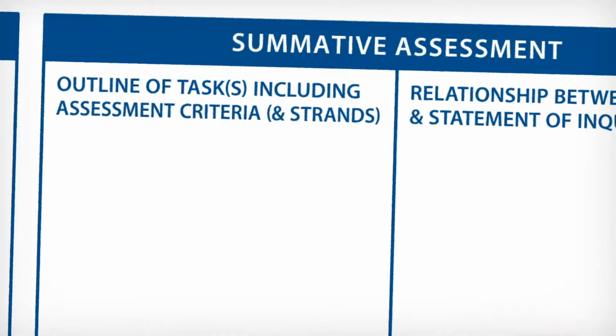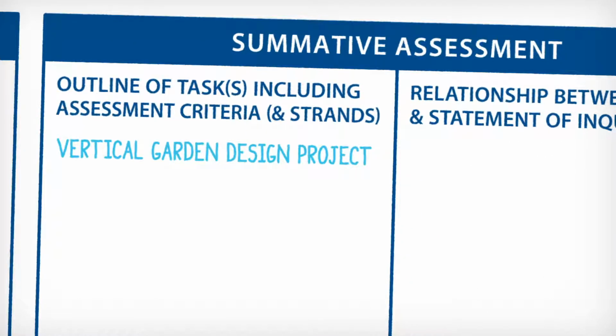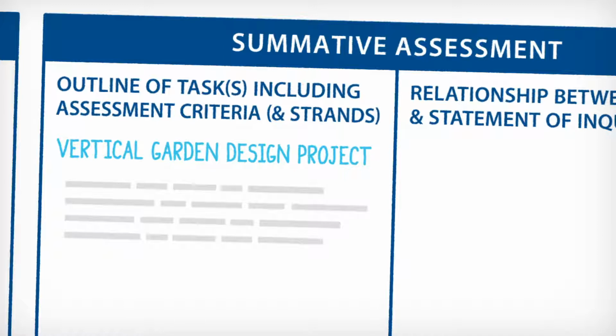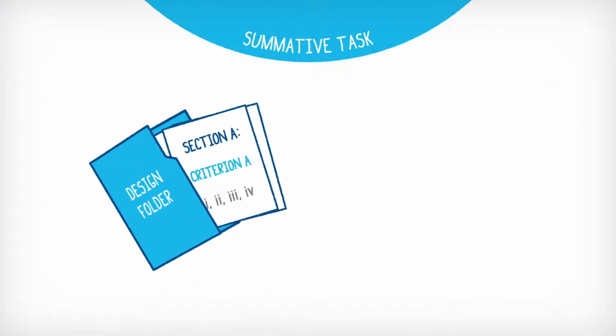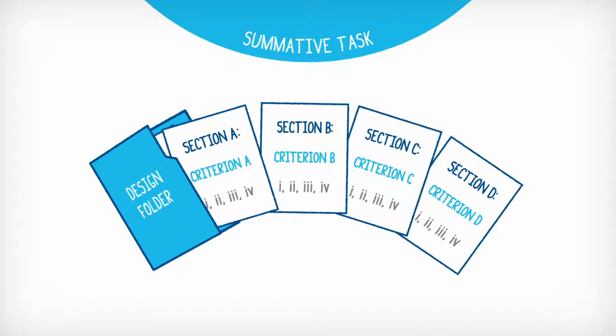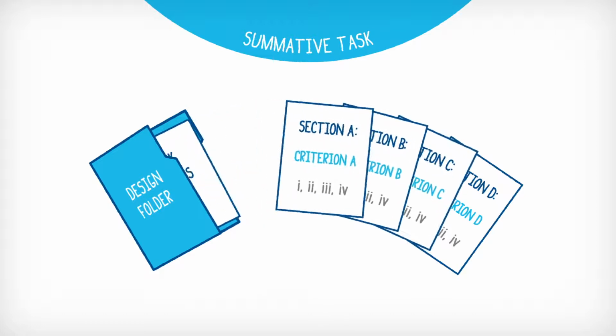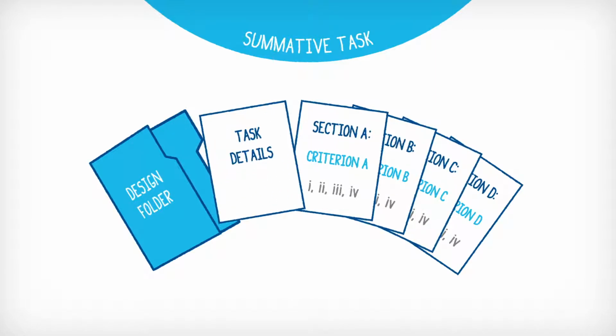building. The description of the task should include its title and an outline which includes a clear description of what students will do in the task and clarification of the criteria and strands that will be used to assess each part of the task. Additional task details might be identified here or in a separate task sheet that is provided to students.